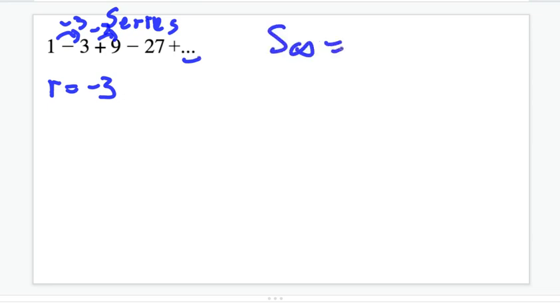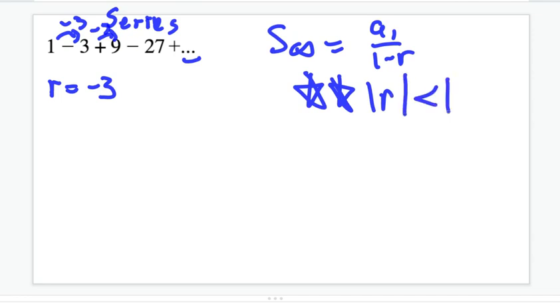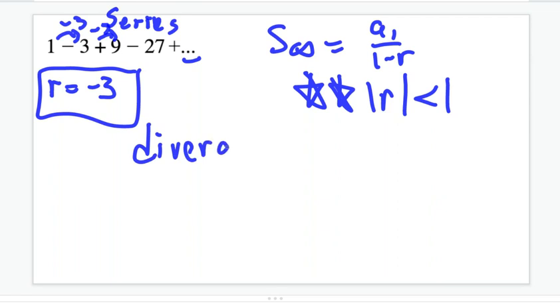And I know that I have this formula, a1 over 1 minus r. However, I have to be careful that the absolute value of the ratio is less than 1. If it's not, then it does not apply. And so when I see that the ratio is -3, I can say that this series diverges, or that there is no sum.